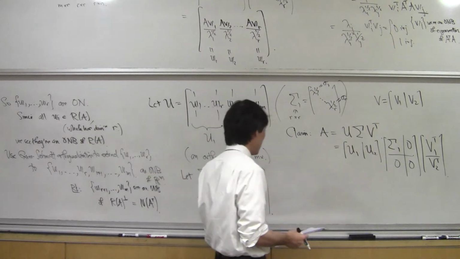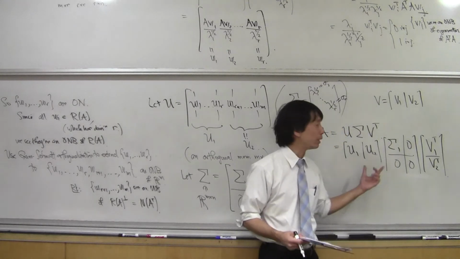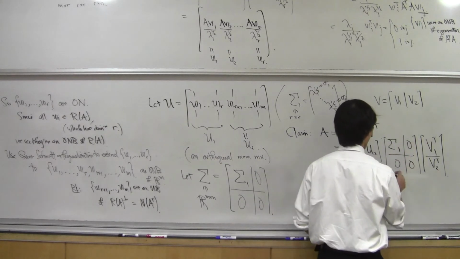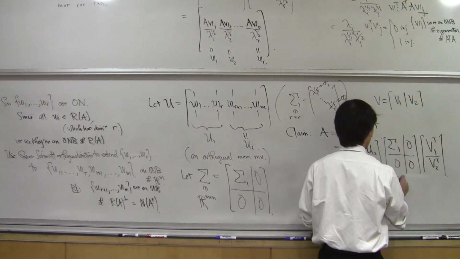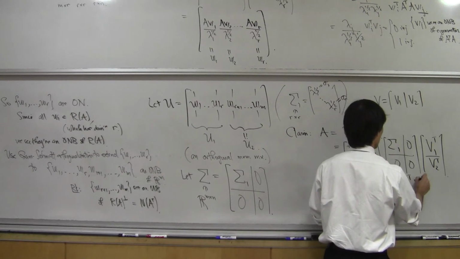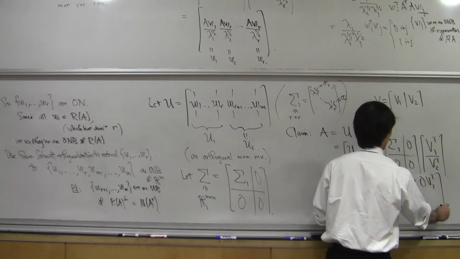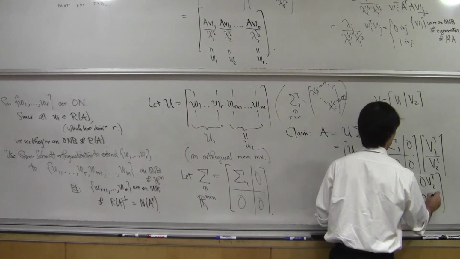Okay. Now, when you multiply matrices in blocks like this, it basically multiplies in those blocks. So what you end up with is sigma 1 V1 transpose plus 0 V2 transpose. And you get 0 V1 transpose plus 0 V2 transpose.